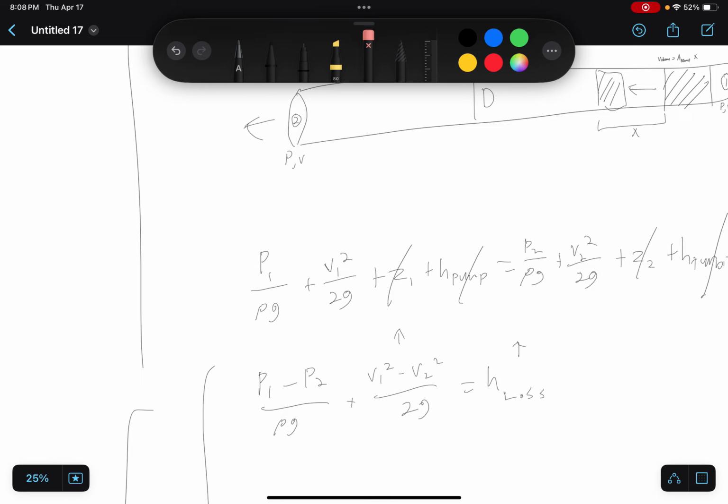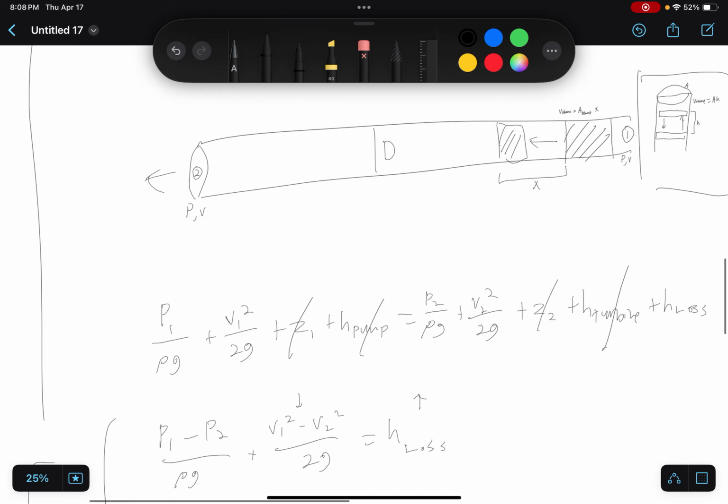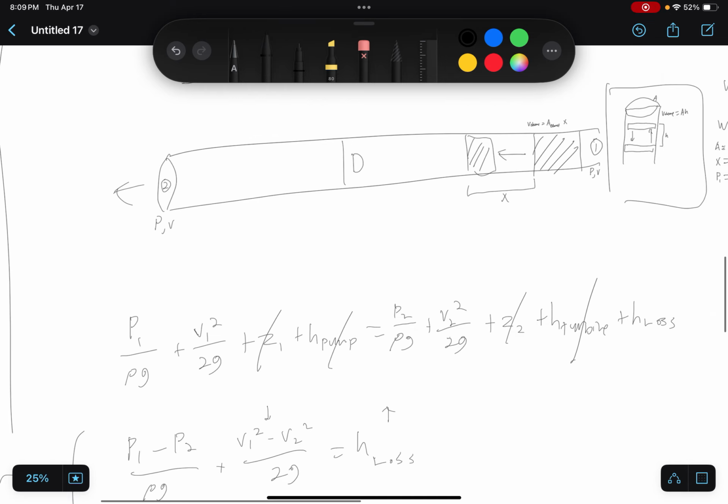And for the sake of argument, I'm going to say this term, the V1 minus V2, that's always going to be constant. And that technically isn't true, but it's mostly true.